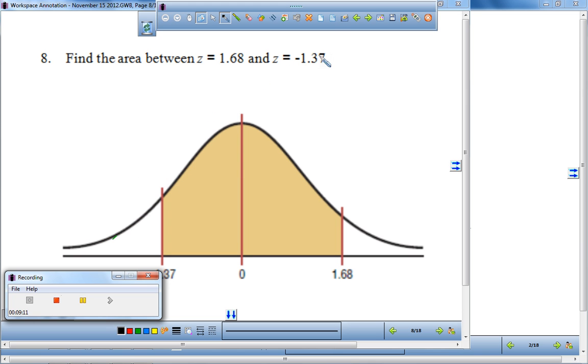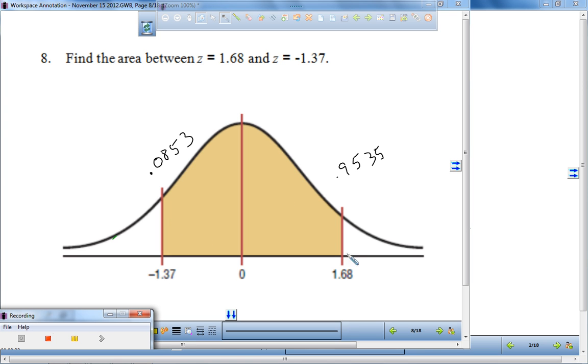Alright, here again they're on opposite sides of the mean. That doesn't matter. We still do it the same way as before. Look up our z-values and then take the difference. When we look up our z-values, we end up with 0.0853 for the negative 1.37, and we end up with 0.9535 for this.